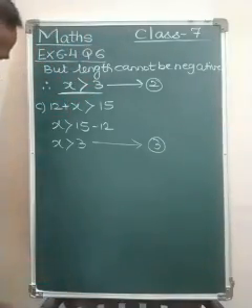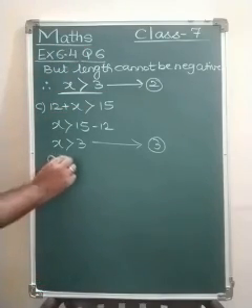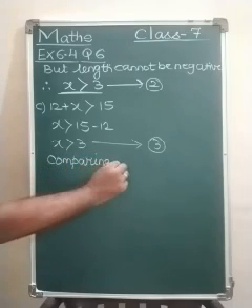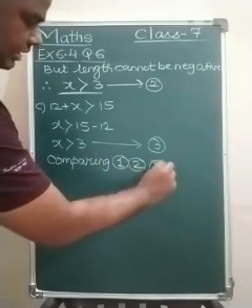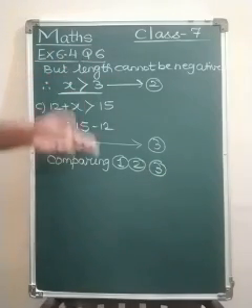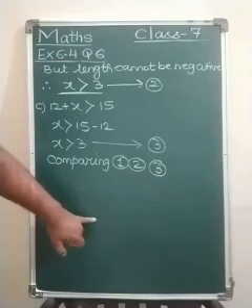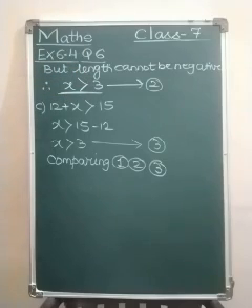If you compare all the 3 equations, comparing 1, 2, 3, here we got x should be less than 27, and here we got that x should be greater than 3.